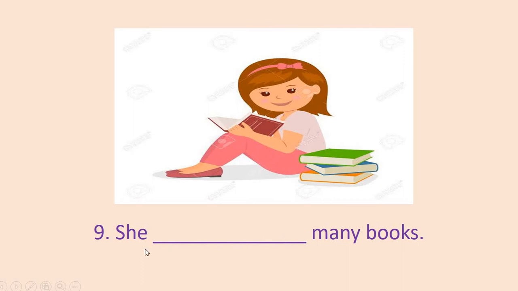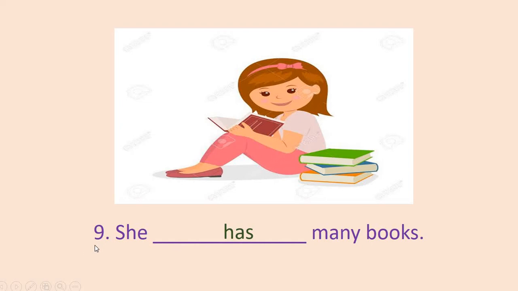So what will be the answer? She, it is a girl. So she has. She has many books. She has many books. Do you understood this? Yes. You all have understood this, no? She has many books. Okay.